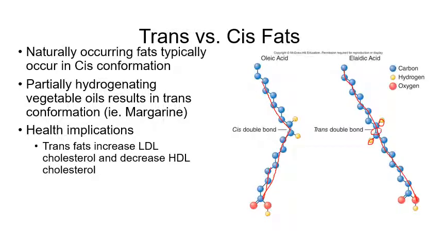And if you remember, this has a health effect. Your liver is good at dealing with these cis fats. These trans fats, though, your liver has a hard time processing, and you end up with high amounts of LDL and a decrease in HDL. We'll see later in the semester LDL is that bad cholesterol. HDL is the good cholesterol. So again, small differences in chemistry make a big difference in the body.